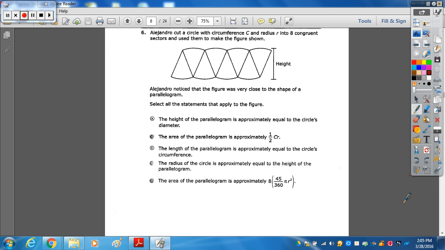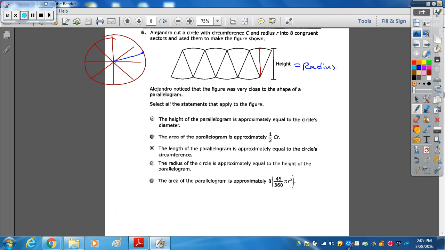Okay, number 6, here's what we have. We have a circle that's been divided up into 8 equal sections, okay? And they took those 8 equal sections and they laid it out here, just like this one, all right? Now, what I want you to notice, there's 2 things. This length right here is the same as this length over here. I'll change my color real quick, okay? That's a radius, this is a radius.